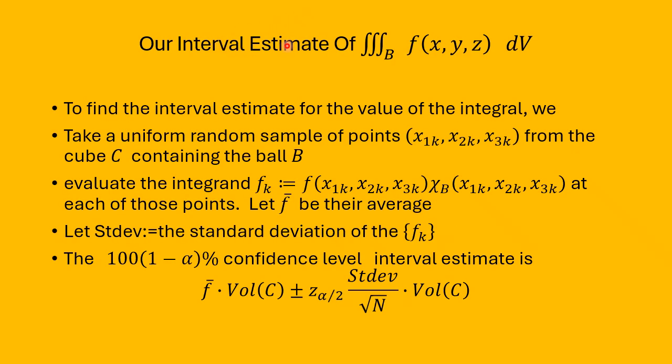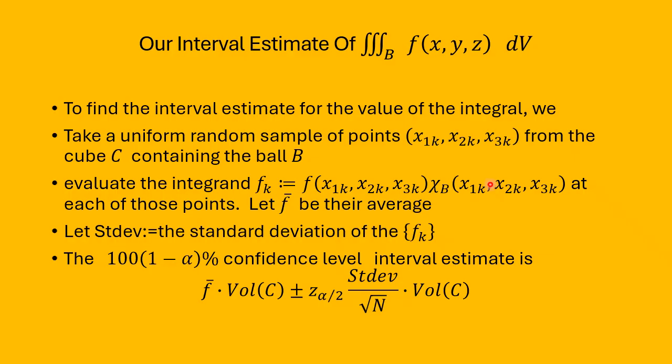So here's how we'll find our interval estimate for the value of that integral. To find the interval estimate for this integral, we'll first take a uniform random sample of points of this form. These are basically the x, y, and z coordinates for the kth point from this cube. Evaluate the integrand, and we'll call it f sub k for short, which will be f of this kth point randomly selected in the cube times the characteristic function of the ball evaluated at that point in the cube.